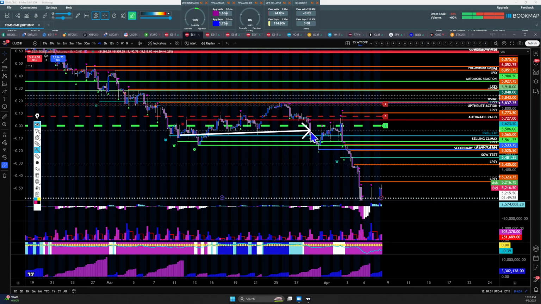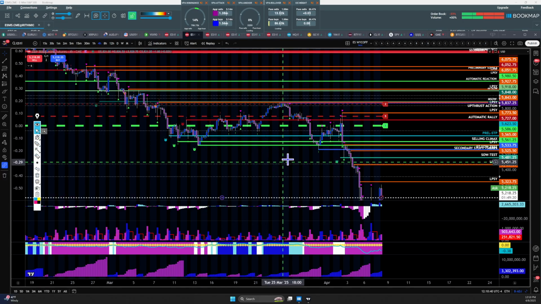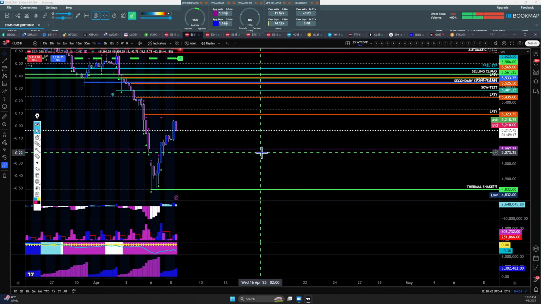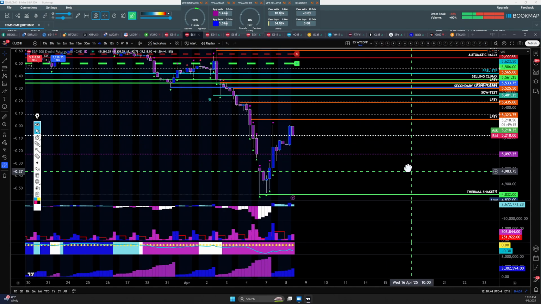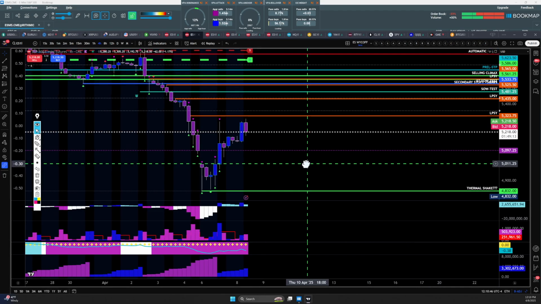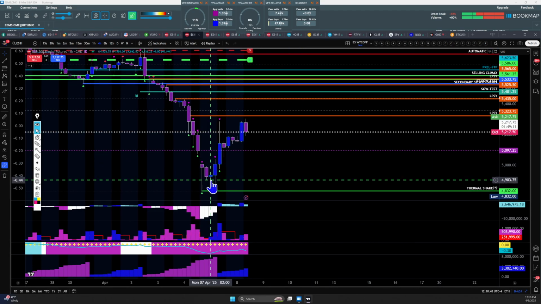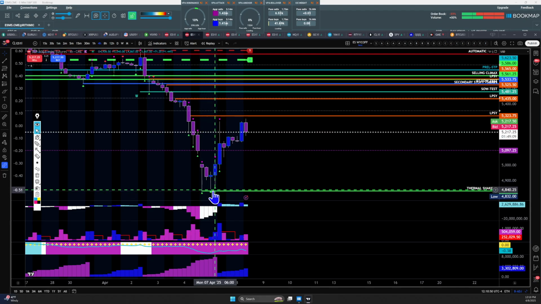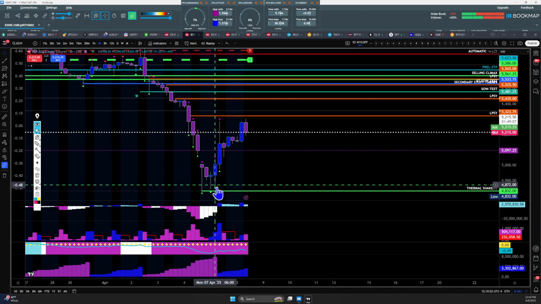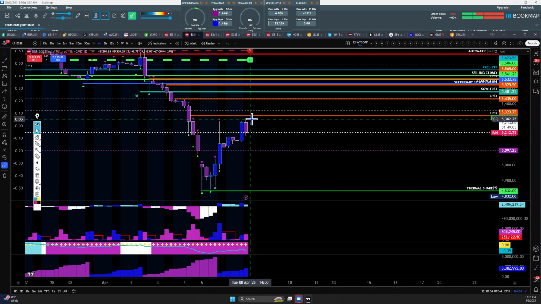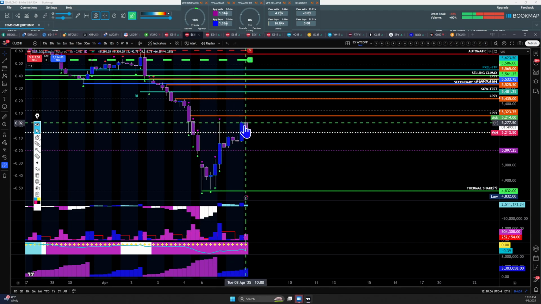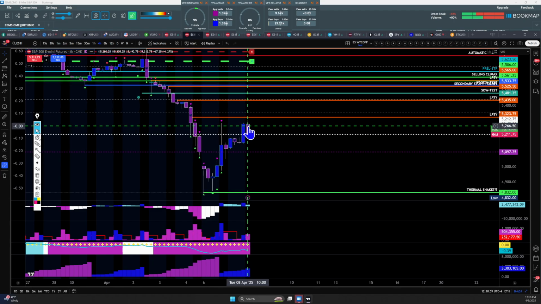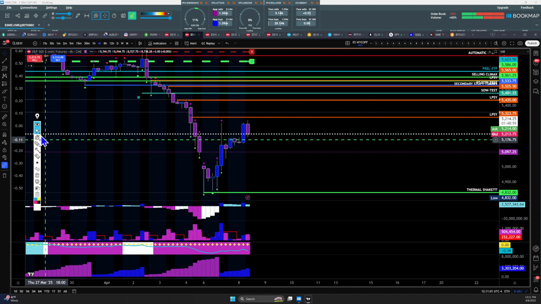If this is redistribution, then these are the lower points of supply and we continue in the downtrend. Either way, let's say this is a terminal shakeout or this is accumulation, now we're going to look at this area here for automatic rally. That's what I was looking for today.